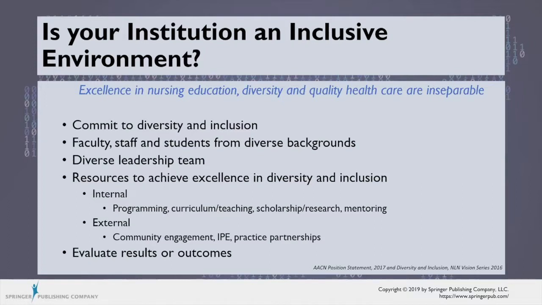So diversity is core, it's central to the business and the operations of the school. It's not an add-on, it's not an adjunct, but it's an essential core of what we do. And that's all important to prepare the environment.